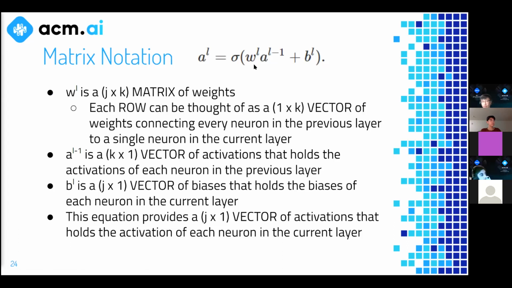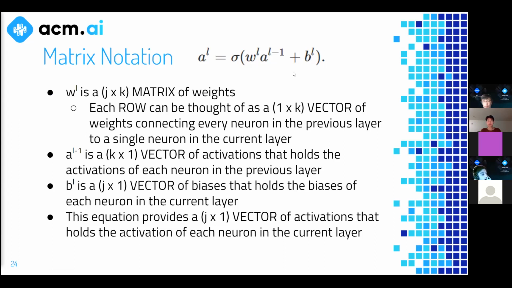First of all, we need to make sure we're doing valid operations. You can't add a 3 by 1 vector with a 5 by 1 vector, right? That doesn't work. So intuitively it makes sense that this one would have 3 entries.